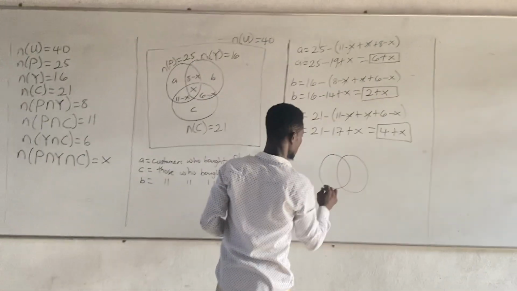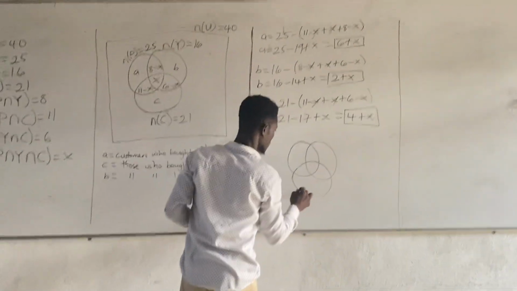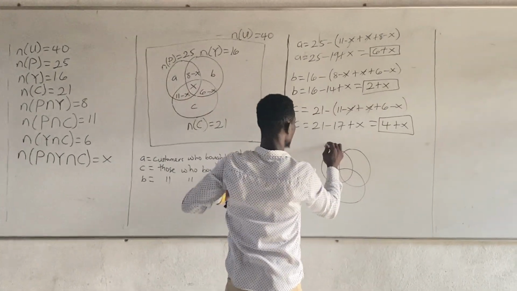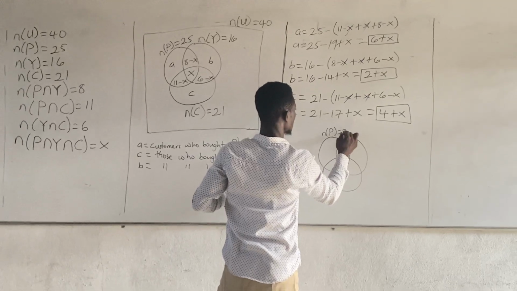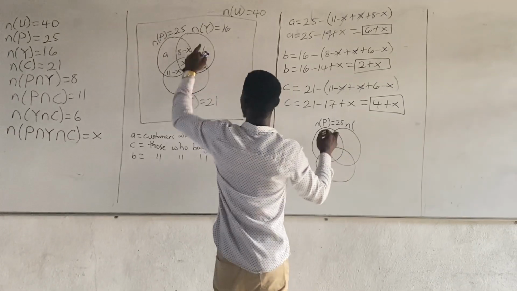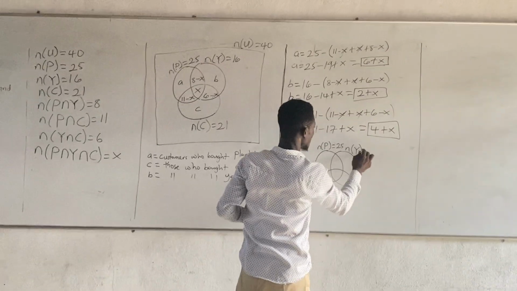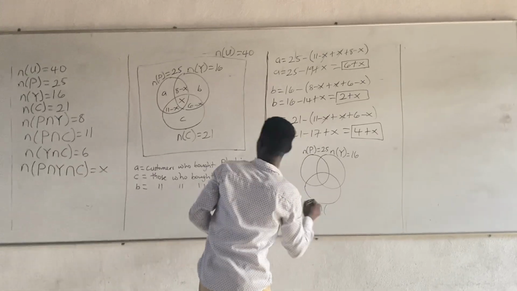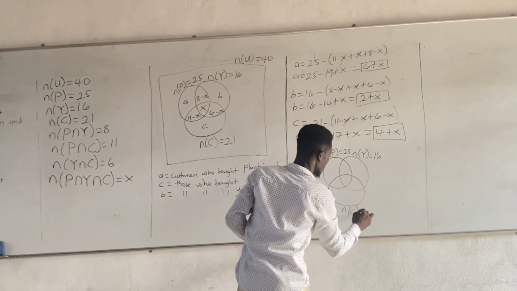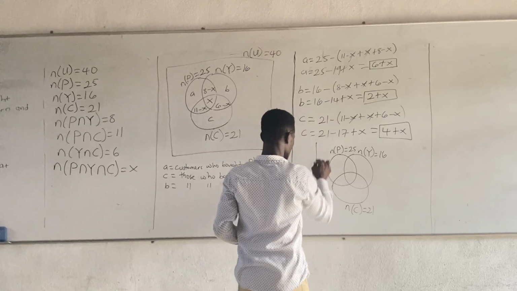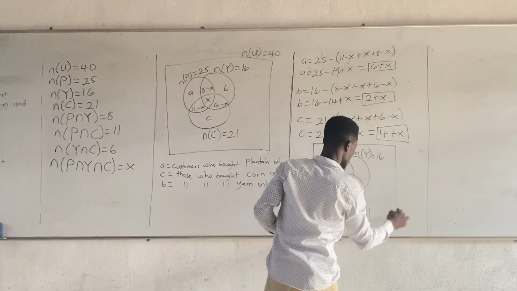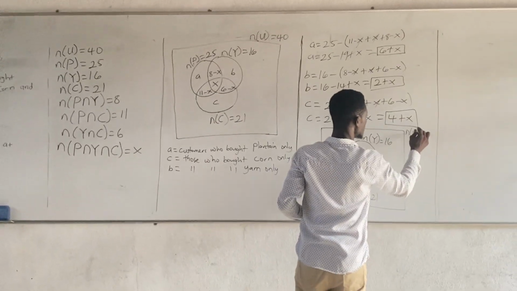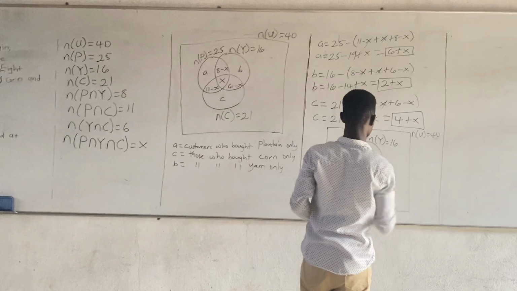You have this. And then you have number of p to be 25. Number of y, please make sure and represent everything as you see the original diagram. Number of c equal 21. You have number of u to be 14.